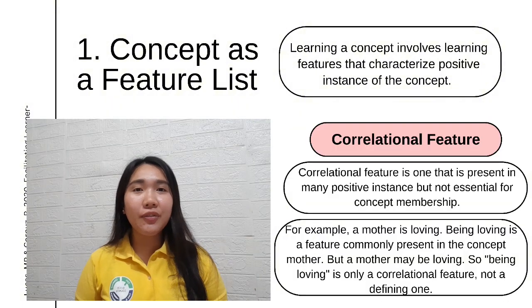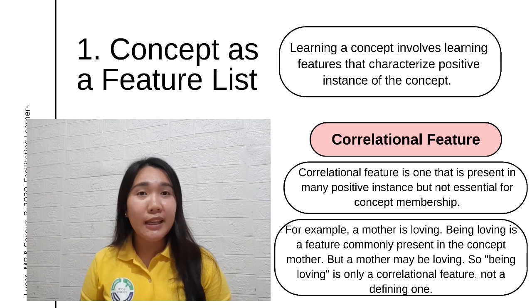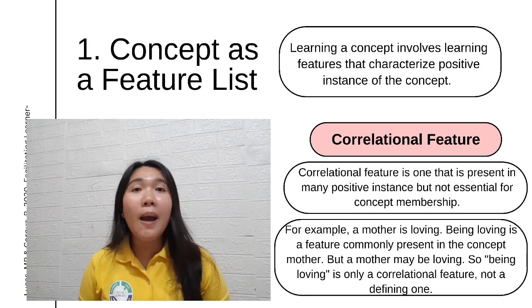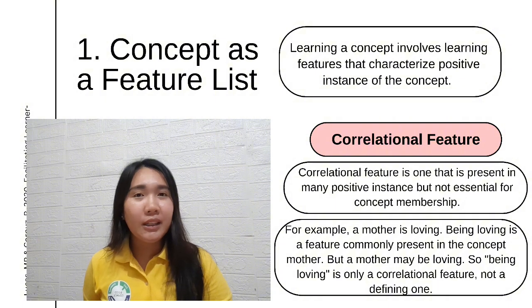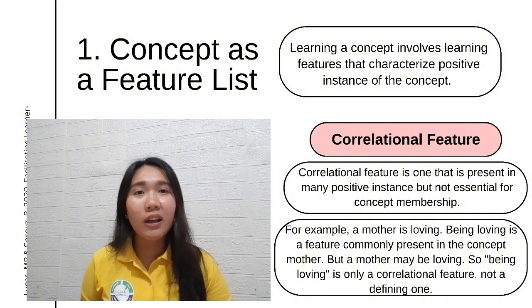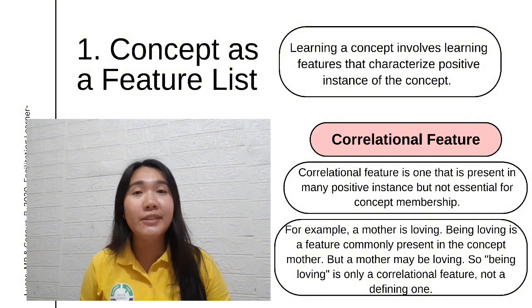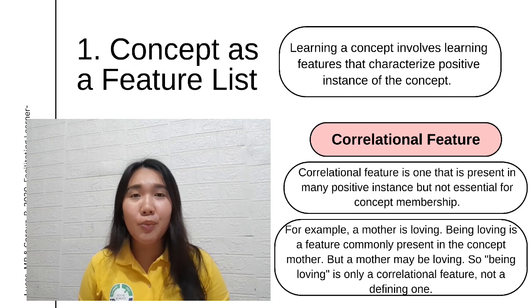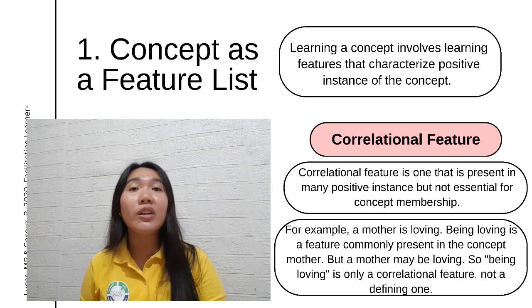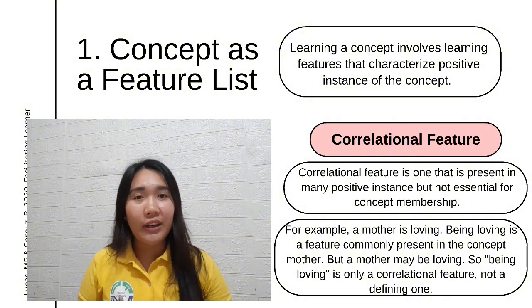A correlational feature is one that is present in many positive instances but is not essential for concept membership. For example, a mother is loving. Being loving is a feature commonly present in the concept, but a mother may not be loving. So being loving is only a correlational feature, not a defining one.